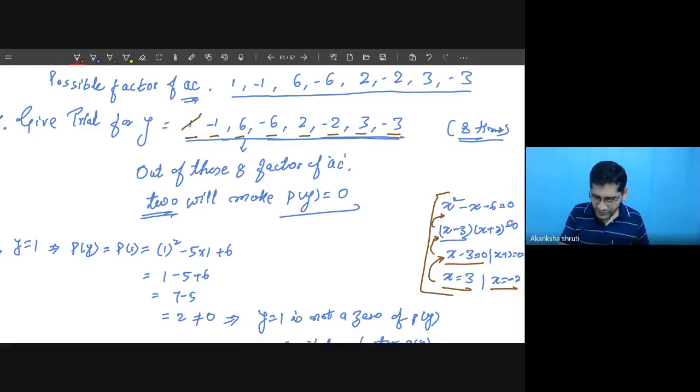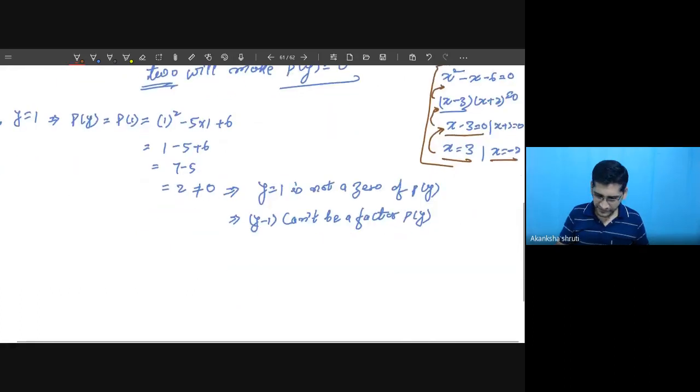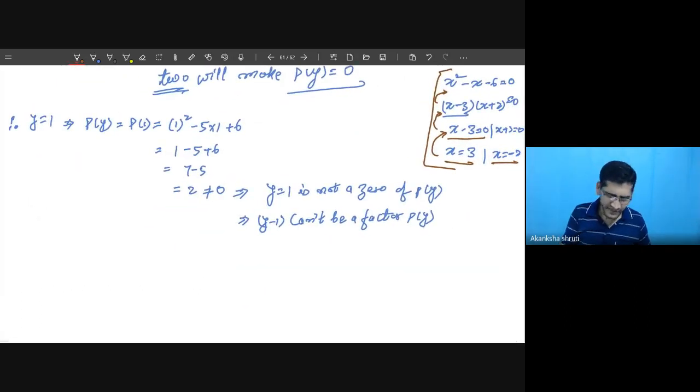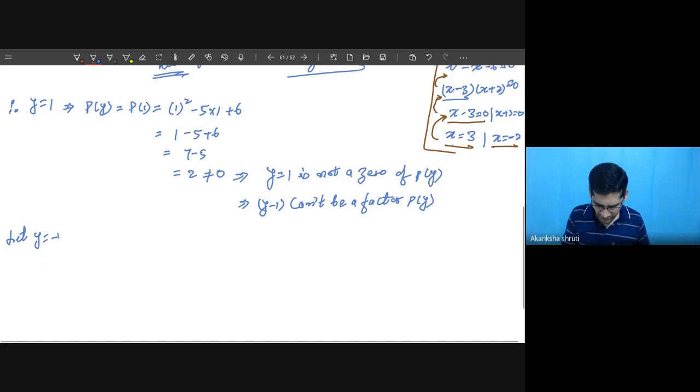Now the same we have to try with this minus 1. Let us try it. Now let us take the y value as minus 1. Then again you have to try.